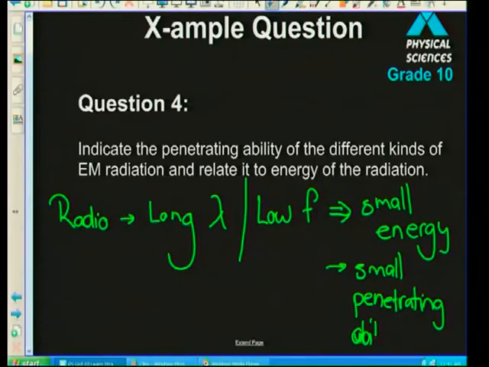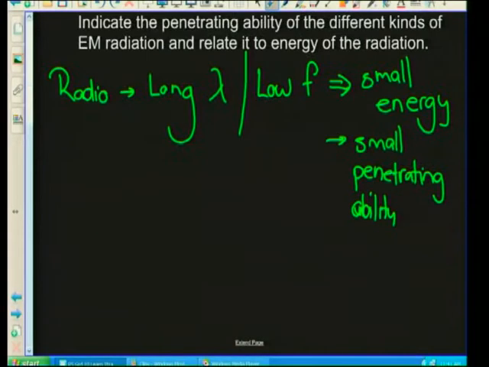If you're driving somewhere and you go through a valley, sometimes you really struggle to pick up your cell phone. Or at home, if there's lots of buildings around you, you can sometimes struggle to pick up a cell phone signal. It's because it has a very small penetrating ability. So it's not going to travel through buildings and that sort of thing.